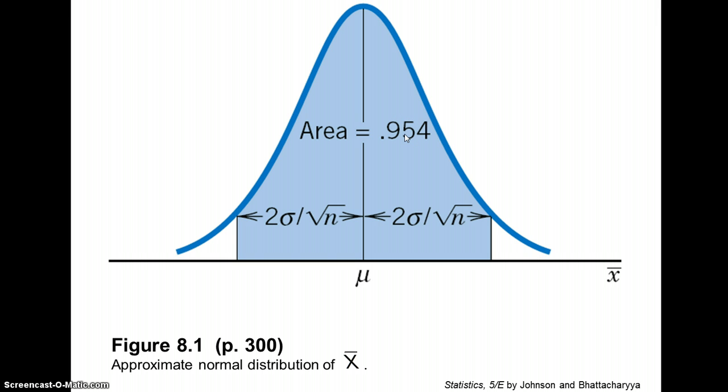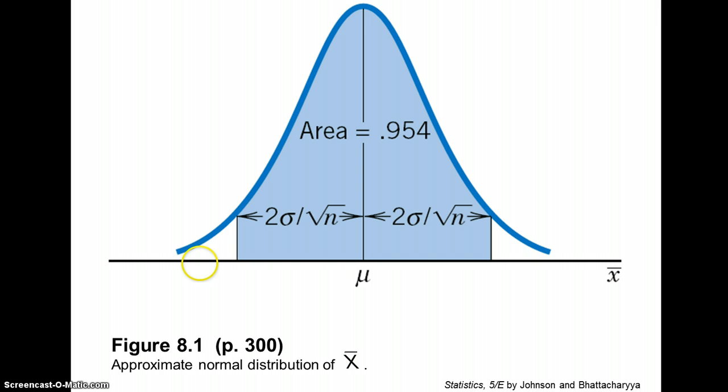So you can say we are 95.4% confident that the sample average, the sample mean, is going to be between this number and that number. But the population mean, mu, is what we really want to know. The population mean is, for example, the average number of community service hours for the entire university, all the students in the university.